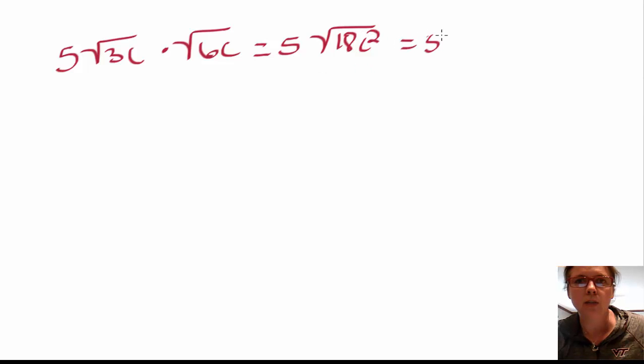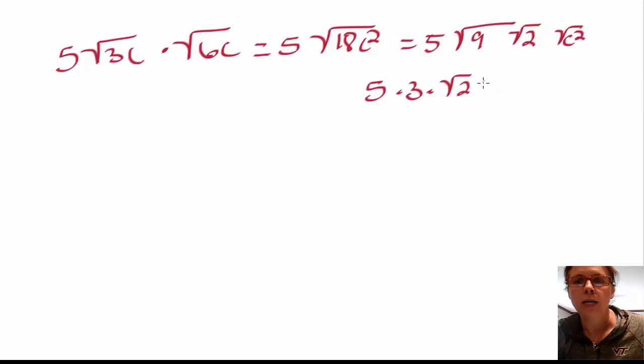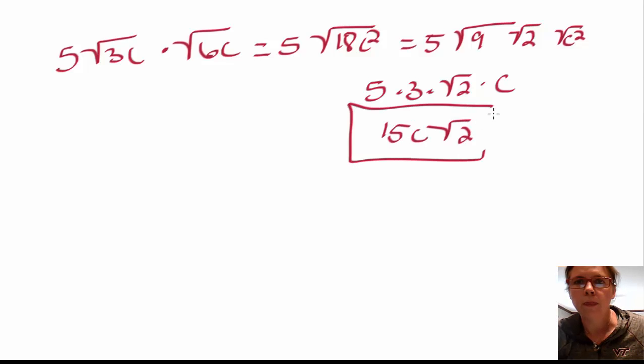We try to find a perfect square. So 9 and 2 and then c squared. So then this would become 5 times 3 times the square root of 2, or radical 2, times c. So 15c square roots of 2. All right, and we're done.